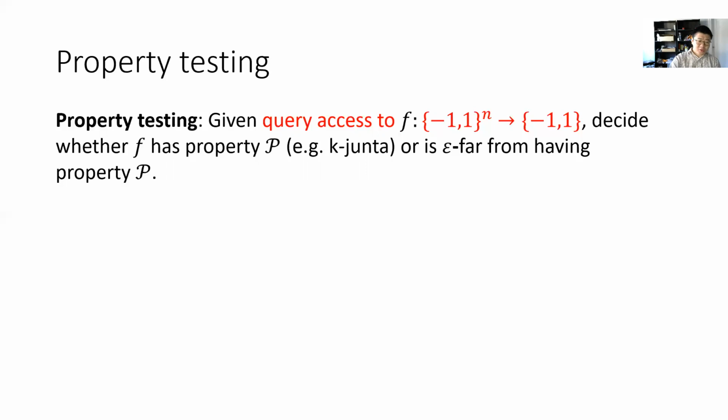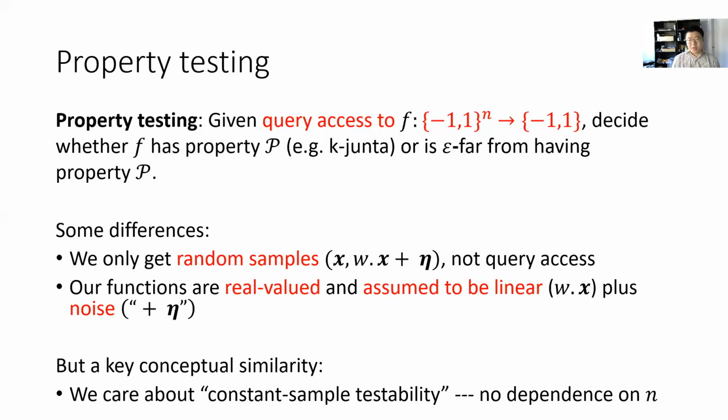Firstly, let me point out some differences between our problem and the standard model. We only get random samples rather than query access to the function f. At the same time, our functions are real valued and promised to be linear plus noise.